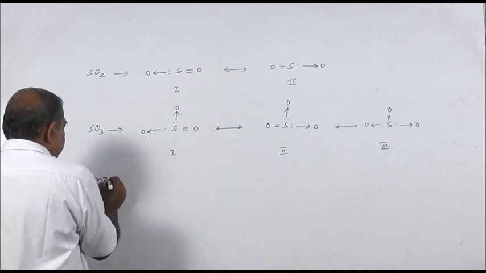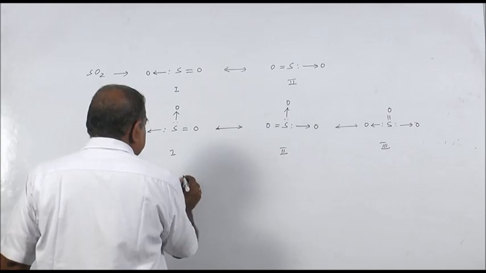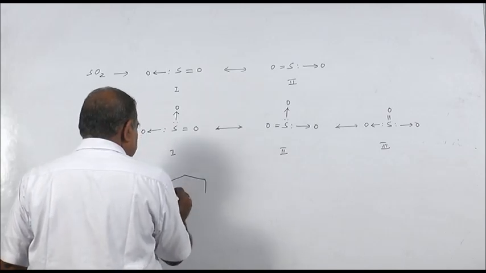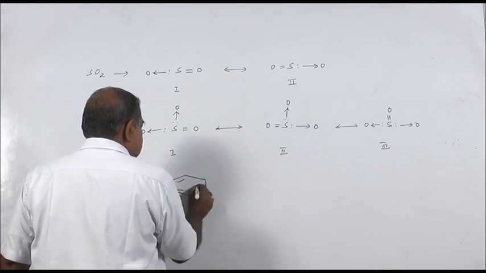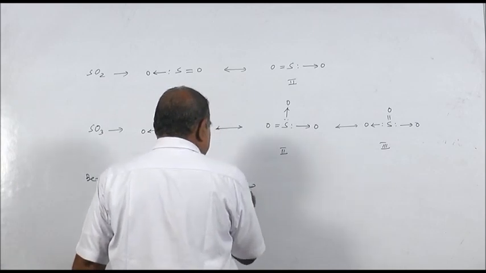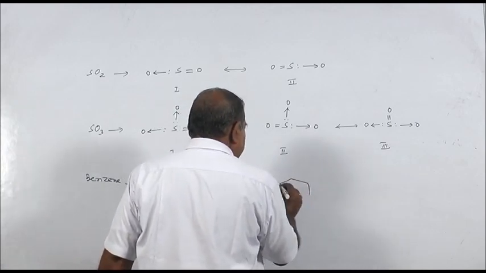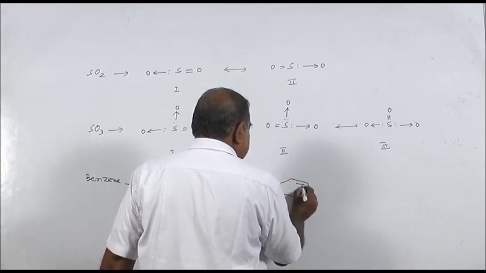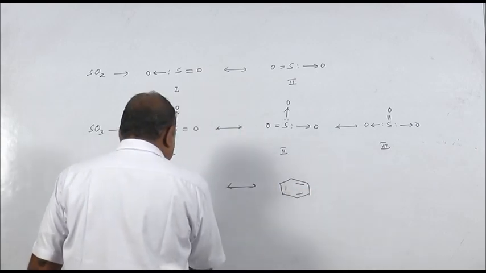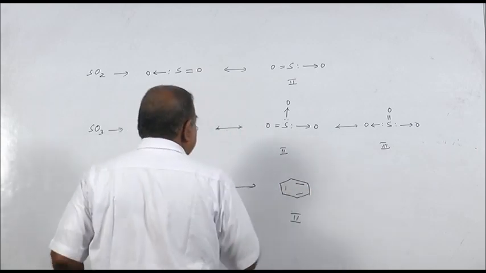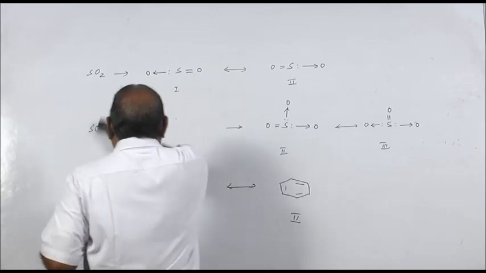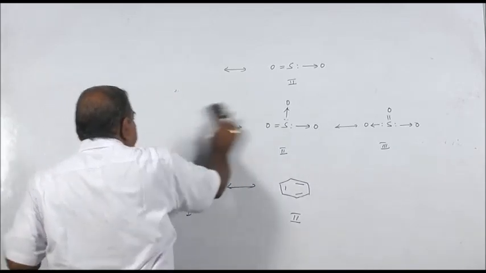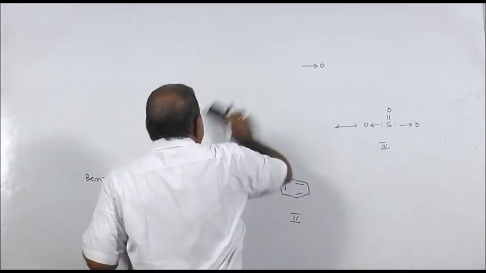Similarly, if we take benzene, you can write two different resonating structures. So compounds 1 and 2 are two different resonating structures of, say, benzene.